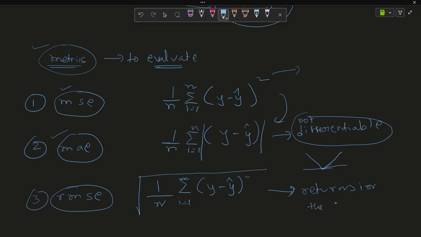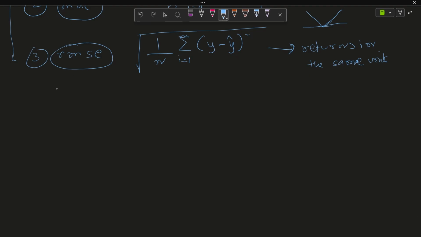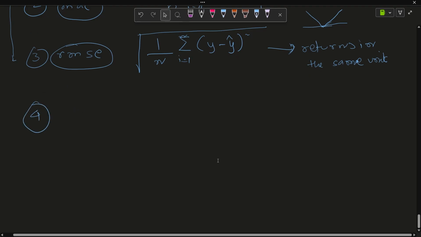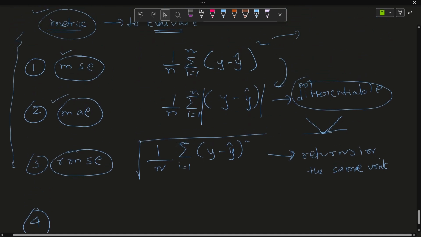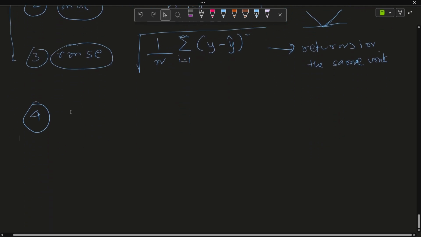These three are the metrics to evaluate the model. Which metric to use depends on the data set. You might use all three of them and see what works and what doesn't.